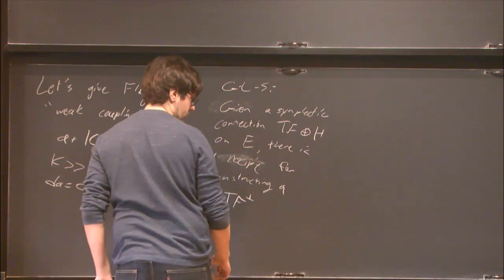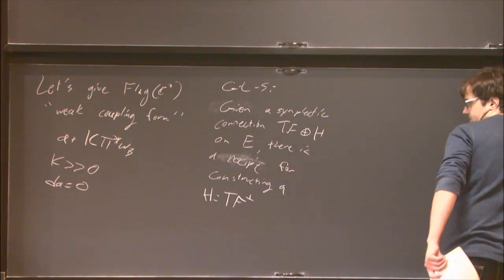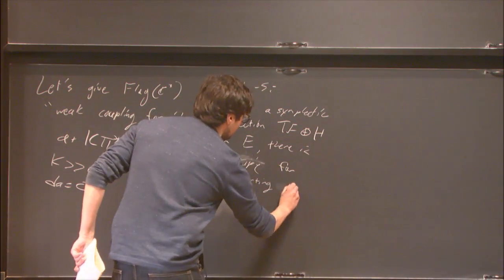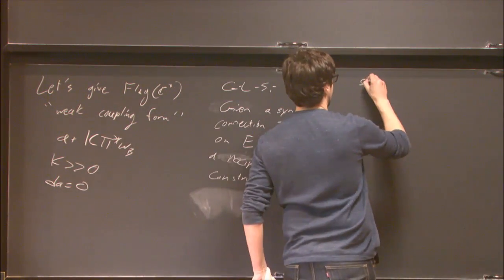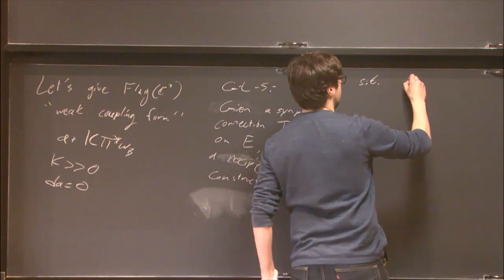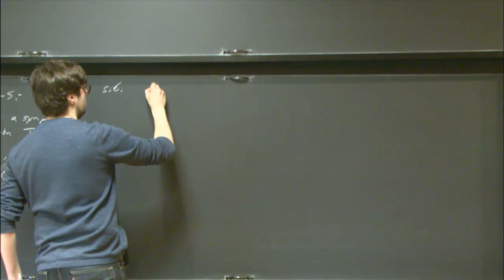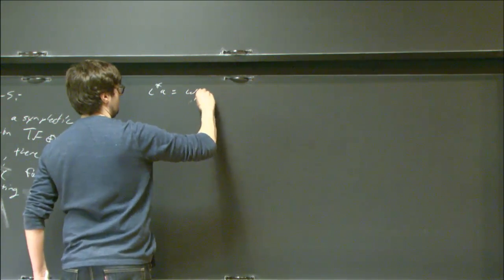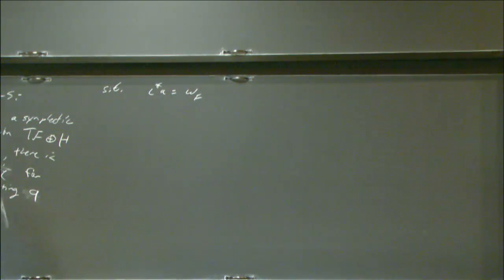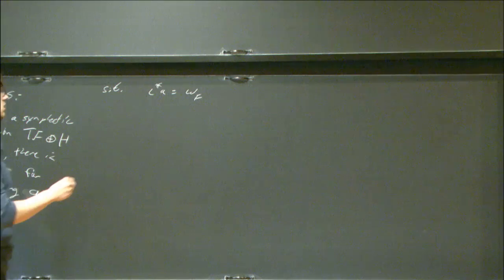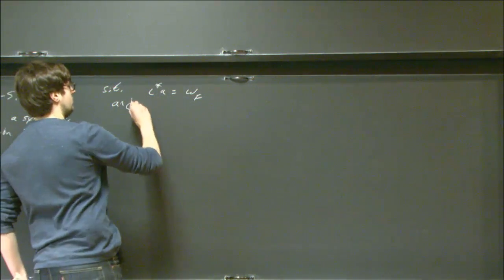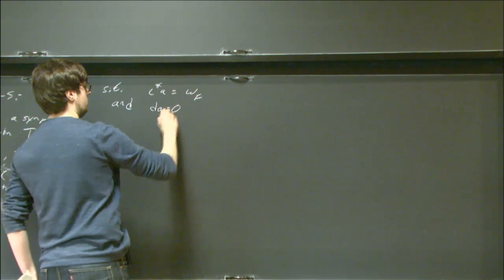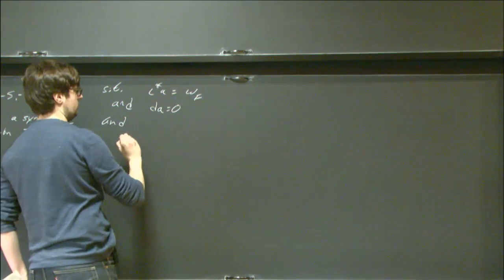I haven't told you exactly what A is. Constructing A, the form such that if I restrict to a fiber, it's just the form that I want, and dA is closed.